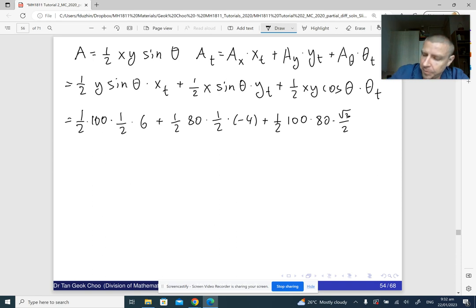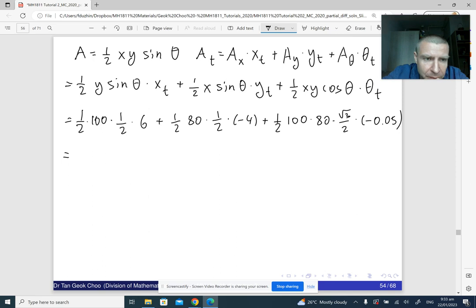Theta_t is negative 0.05 times negative 0.05. Okay, and I guess we just calculate everything.